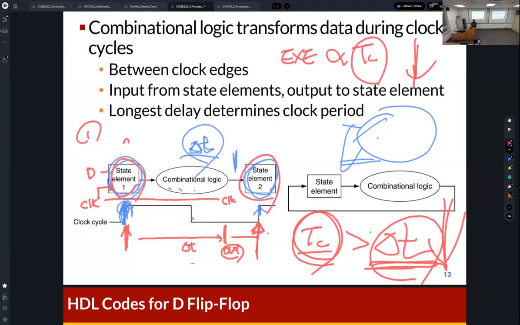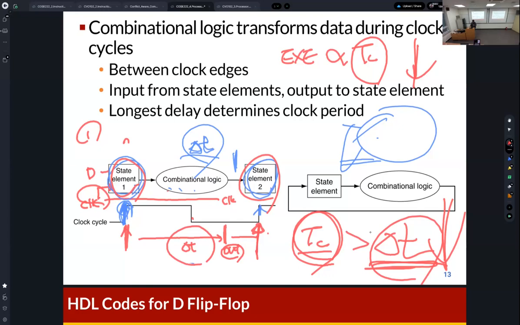We learned the clock period with two state elements. I mentioned that these are D flip-flops, right? The same clock signal is connected to the clock port of these D flip-flops.